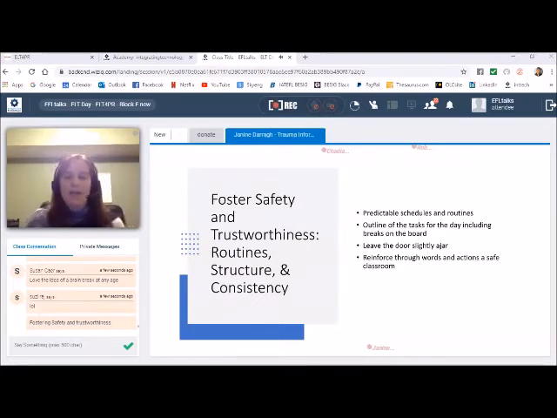As teachers, we can't win. So one option is to leave the door slightly ajar, and then again to offer that choice. Where would you like to sit? So the student who feels like they need an out to feel safe can choose to sit by the door. And the student who needs to feel enclosed to feel safe can try sitting in a corner.